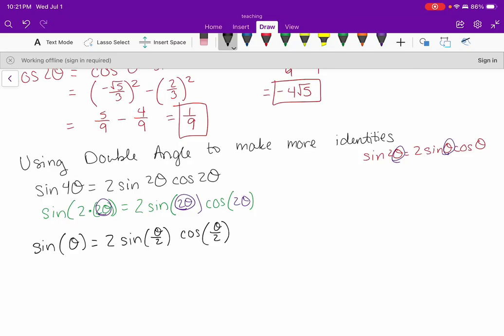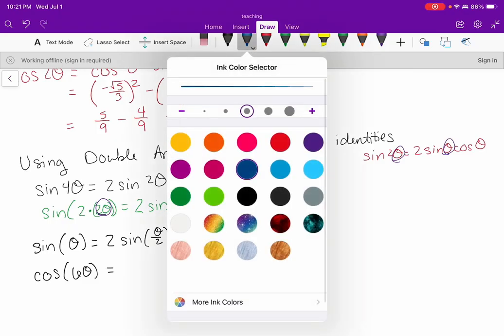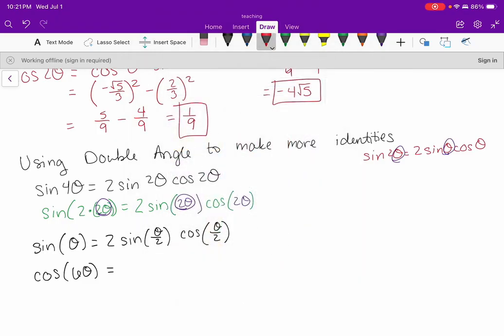If we did one with cosine, cosine 6 theta is equal to, I'll write out the original for us over here. So cosine 2 theta is equal to cosine squared theta minus sine squared theta.